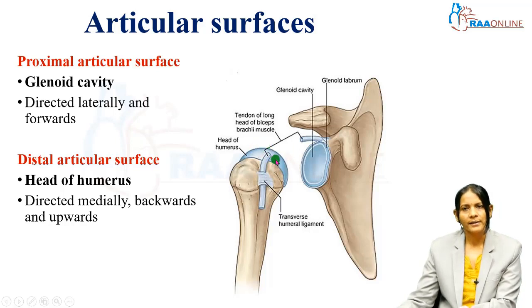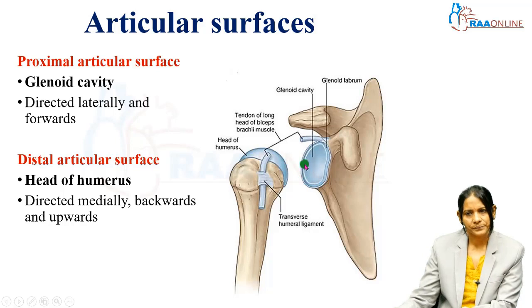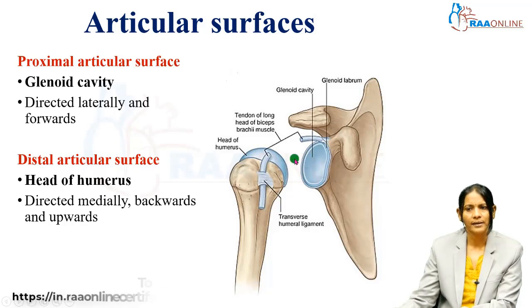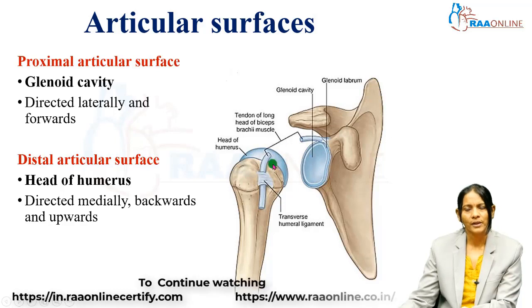To accommodate this articular cartilage, to ensure that there is a good fit, a snug fit with the articular surface, the articular cartilage which is covering the glenoid fossa is actually thinner in the center and thicker in the periphery. This is to ensure that the congruence of the articular surfaces is better maintained.